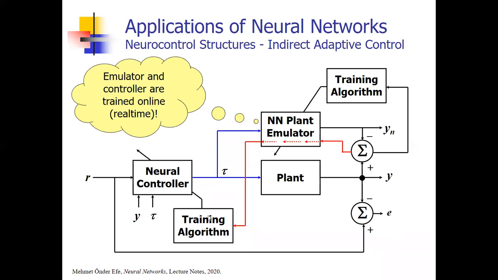And it's the same training algorithm, error backpropagation or Levenberg-Marquardt, that tunes the parameters of the neural controller so that it produces a better control signal in the next sampling instant. This is known as the indirect adaptive control mechanism. So it was really very famous once upon a time.